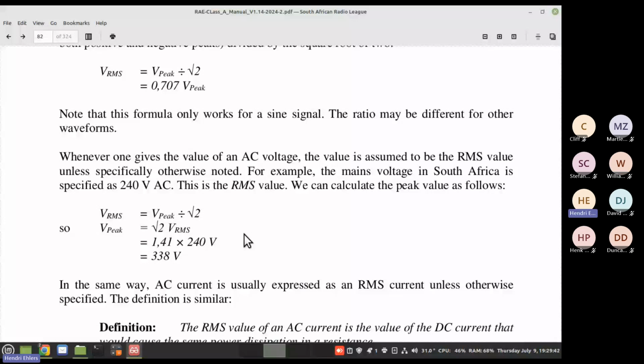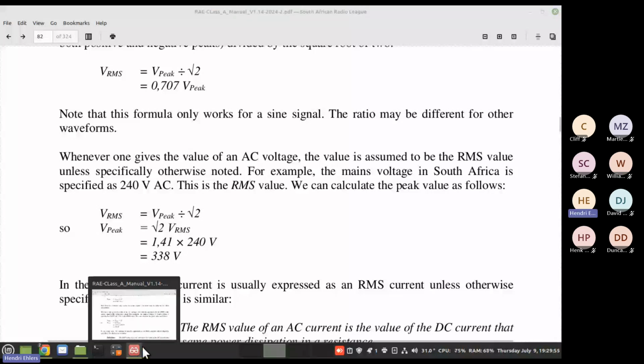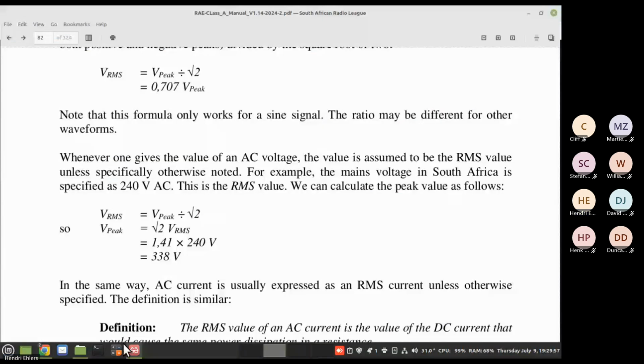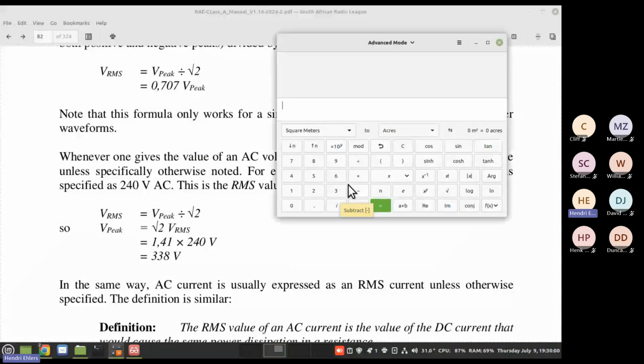For example, the mains voltage in South Africa is 240 volt AC. This means RMS value. So in order to calculate the peak value, we'll call our calculator. Right, and we'll say that the peak value is square root of 2 equals.